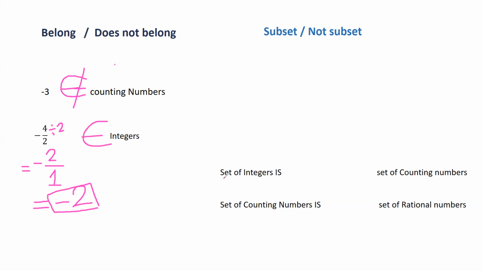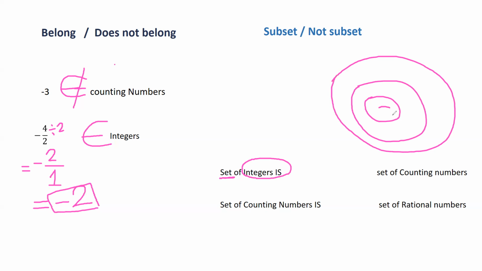What about here? When he says set, we are going to choose subset or not subset. Set of integers is subset from the counting numbers. Subset means it's a part, like here, this is a small part inside the counting. Can you remember our drawing? We have 4 circles inside each other.